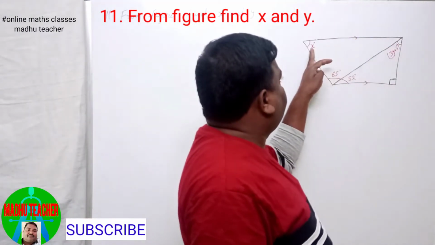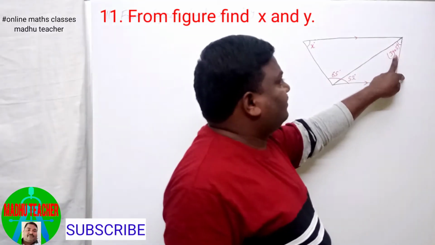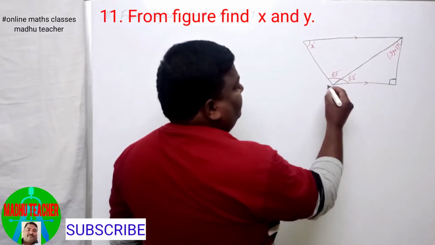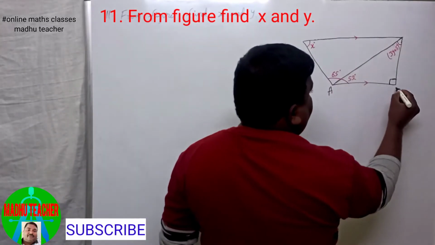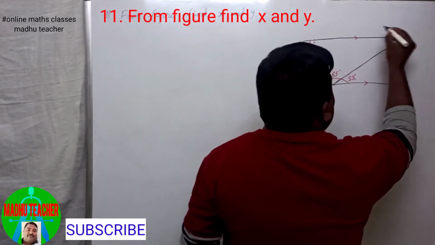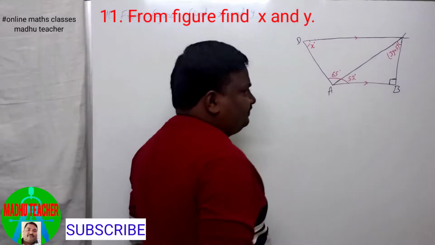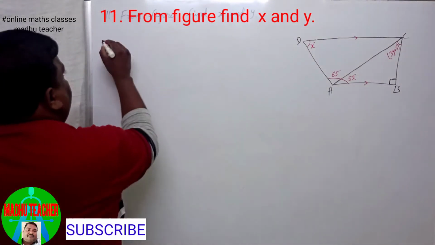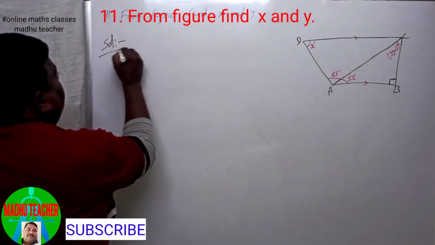From this figure find x and y. So let us name as A, B, C, and it is D. So what is given from figure?